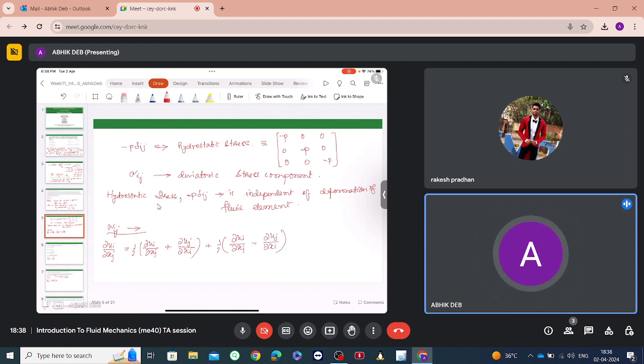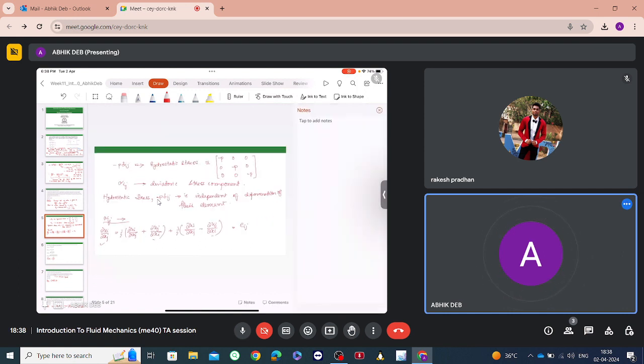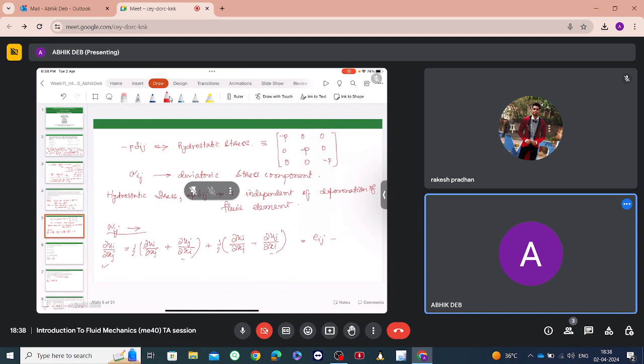Right, these two terms get cancelled, so this is coming to this one. Now this term, half of del ui by del xj plus del uj by del xi, is the strain eij, and this is half of gamma ij.